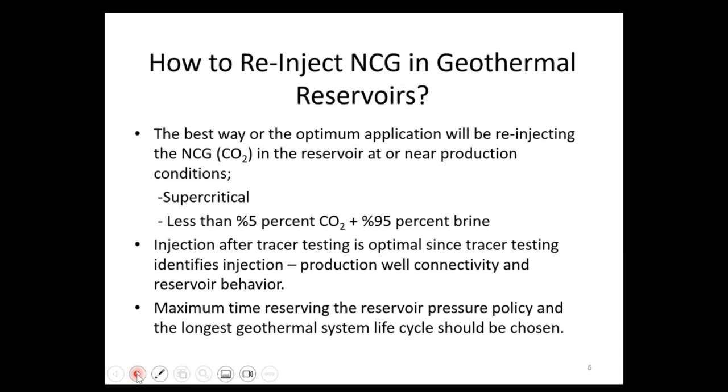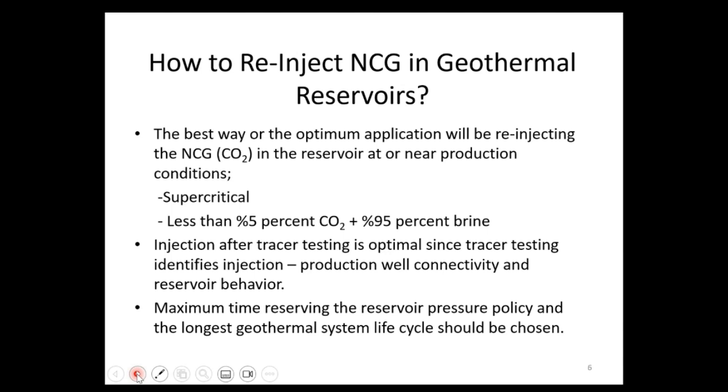It's preferable to keep it at less than 5%, since if you use a higher percentage, its mobility is much higher than brine and it can become the dominant flow material. It should not be the continuous medium in your brine re-injection, which is supposed to be brine.